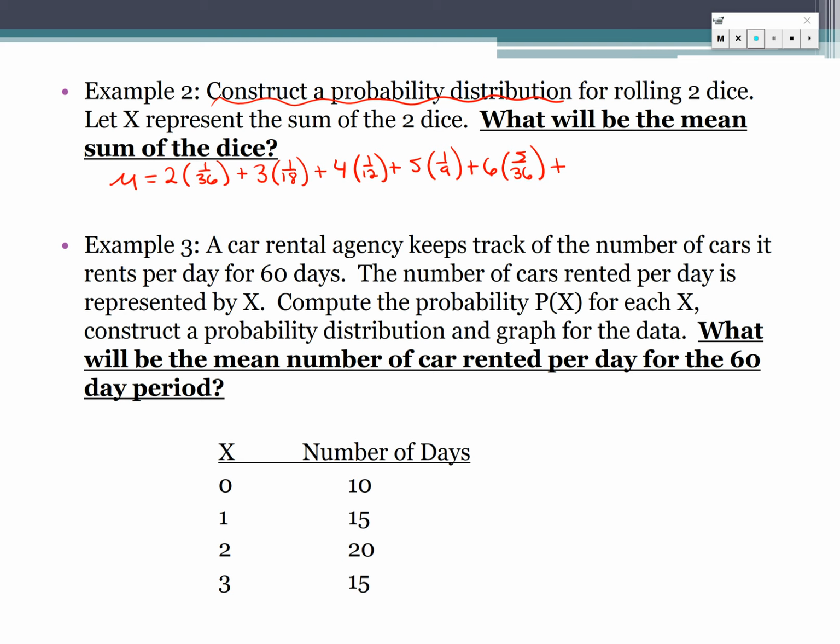So if you're doing a lot of head bobbing with me, I want to make sure you know where these numbers are coming from, that I'm not just making them up on my screen. I'm going to run out of room.